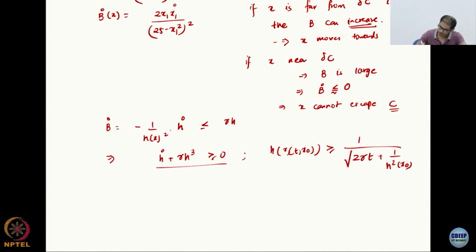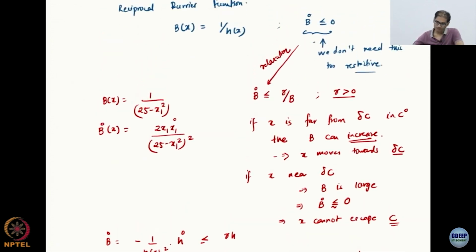So this implies C is forward invariant. This kind of barrier function already did something better than what we did by making b dot less than or equal to gamma over b. Of course, you have to be careful how to choose this b and how to make it, and those things are not obvious here.